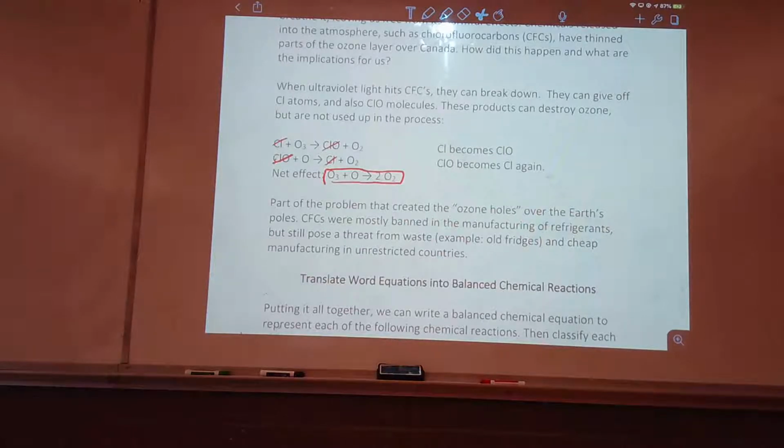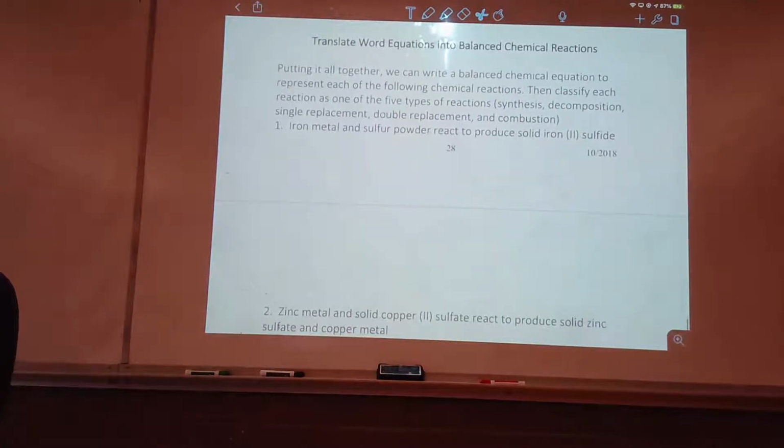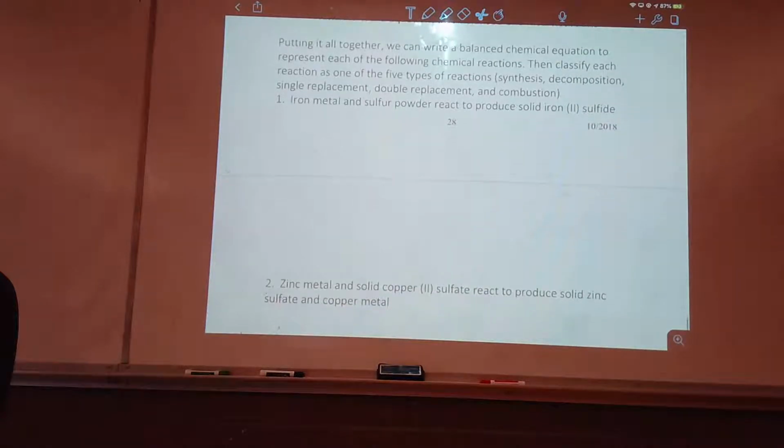Maybe we'll make it. The only thing we had left to talk about was translating word equations into balanced reactions. I'd like to try that today, and then we will start the other booklet on acids and bases ASAP.